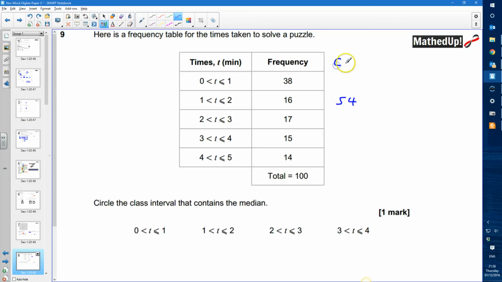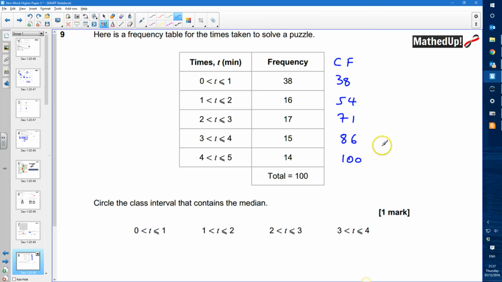So if we write down a cumulative frequency, that would be 38 that took between 0 and 1, 54 took between 0 and 2 minutes, and then 71 took between 0 and 3 minutes, 86 between 0 and 4 minutes, and 100, all of them took between 0 and 5 minutes.